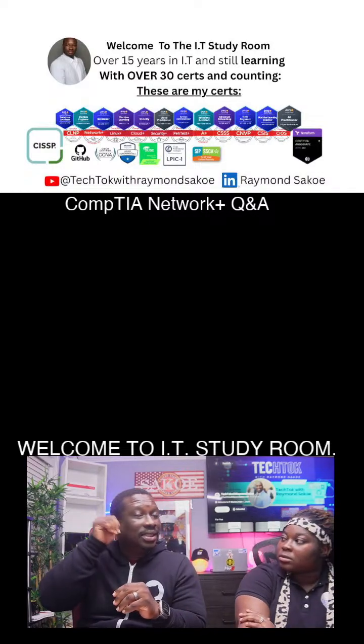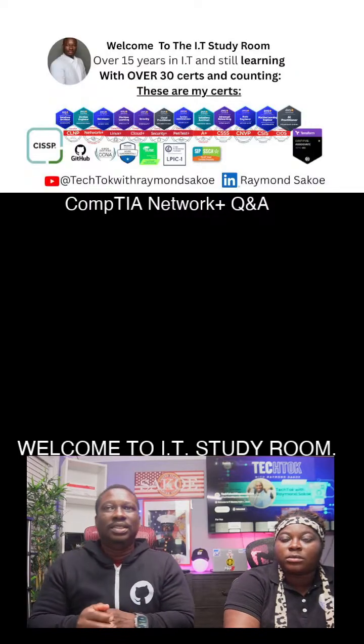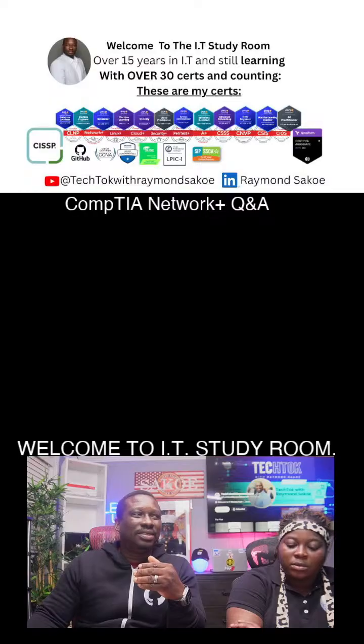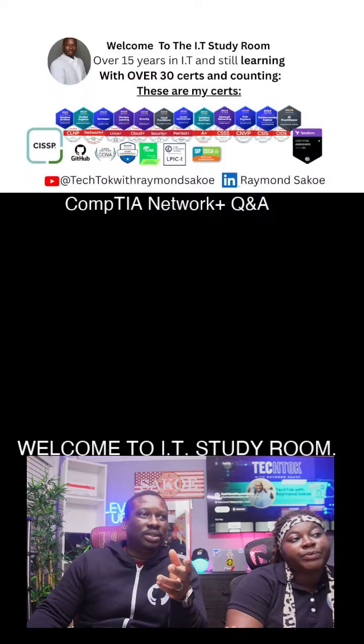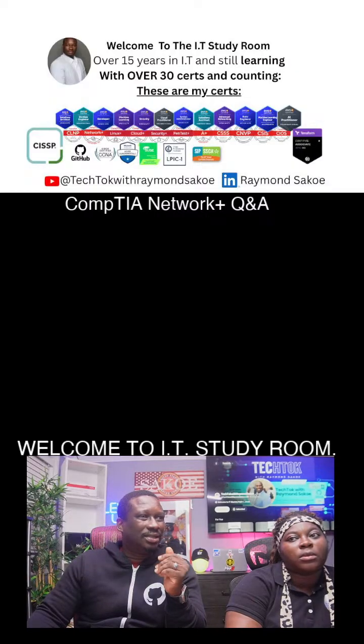This is part of the troubleshooting methodology. CompTIA has, I'm not sure if it's industry standard, but mostly it's by CompTIA, but it works in the real world. They have troubleshooting steps, I think it's 7 or 8 steps.